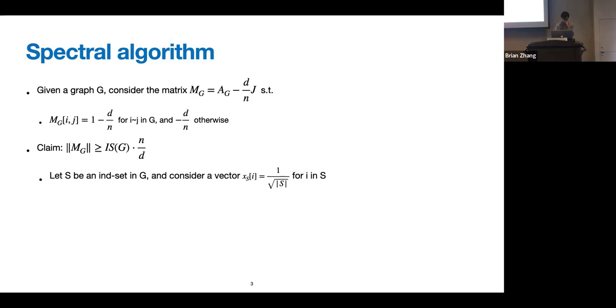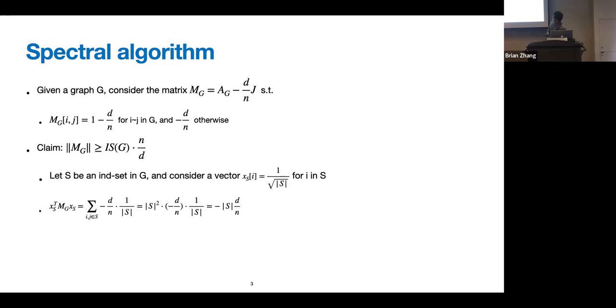To see this, we consider S to be an independent set in the graph G, and we consider the indicator vector for the set S, which is 1 over root |S| for normalization, for i in S. Then we can just evaluate the quadratic form, summing over all pairs i, j in S. Each pair gives us minus d over n, and 1 over |S| from normalization.